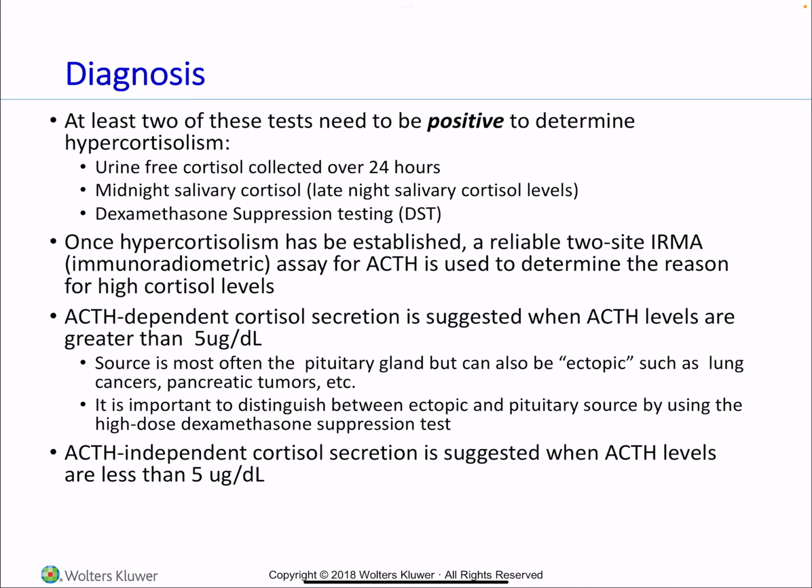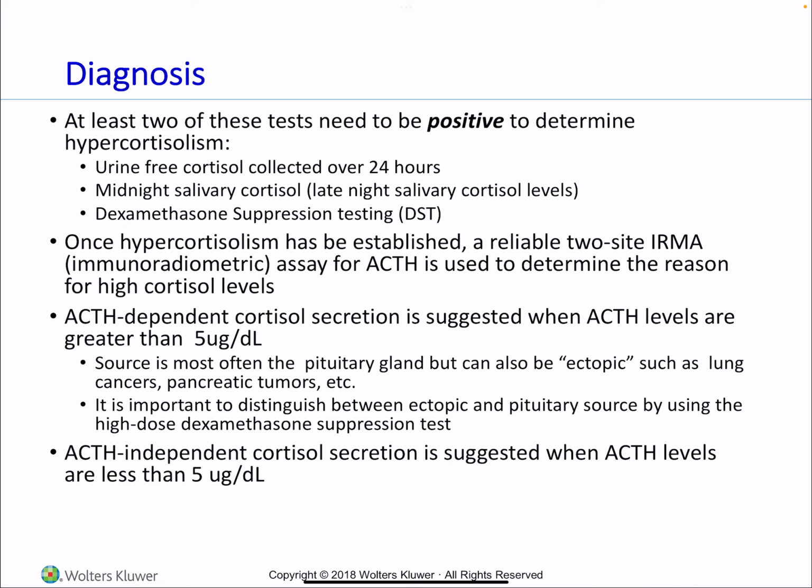If it is ACTH independent, cortisol secretion is suggested when the ACTH levels are less than 5 micrograms per deciliter. So there are two types: the ACTH dependent, which would be more of Cushing's disease, and that's when the source of elevated ACTH is most likely the pituitary gland, but it could also be some other issues like ectopic sources or lung cancers or pancreatic tumors.